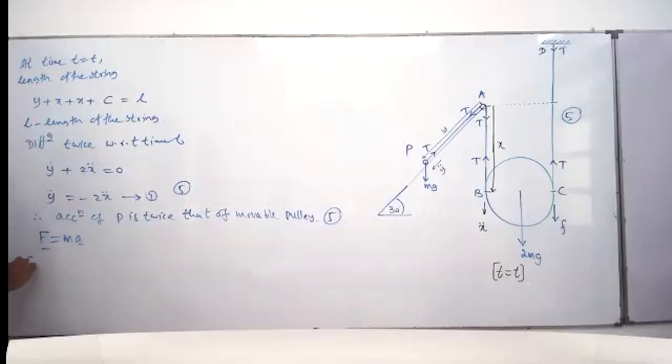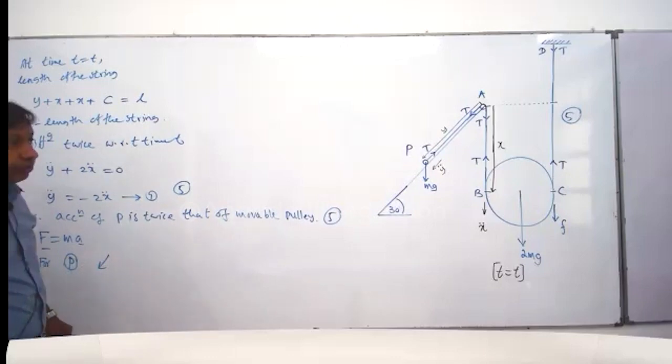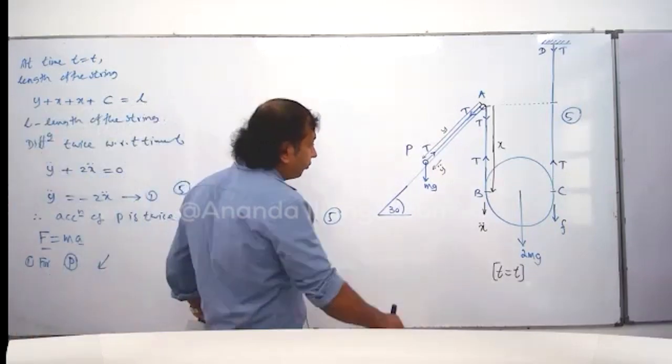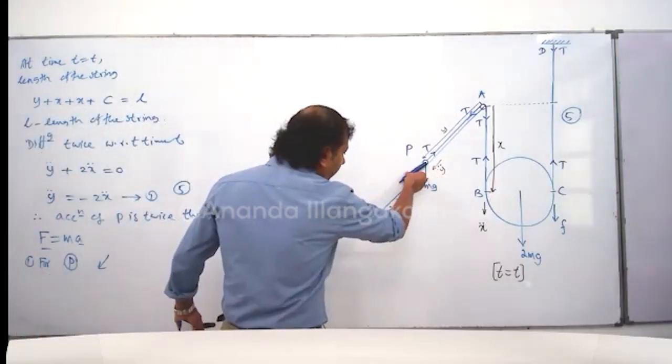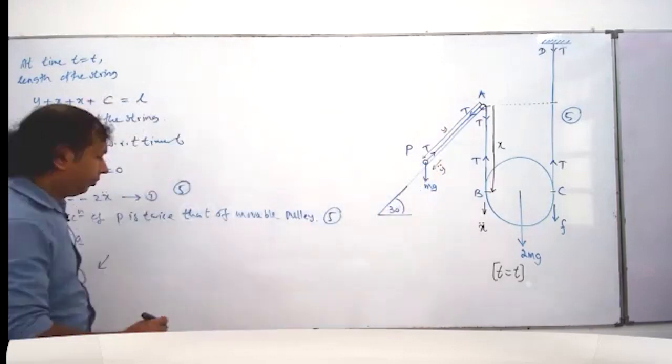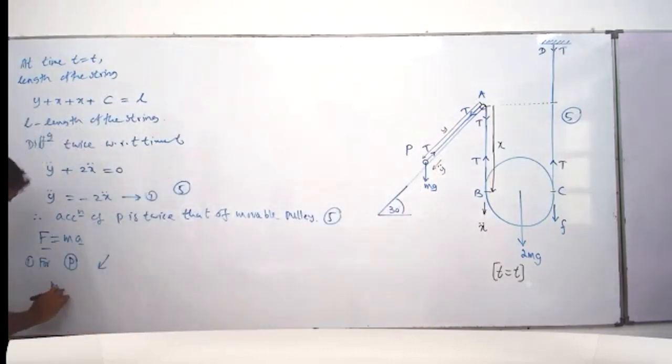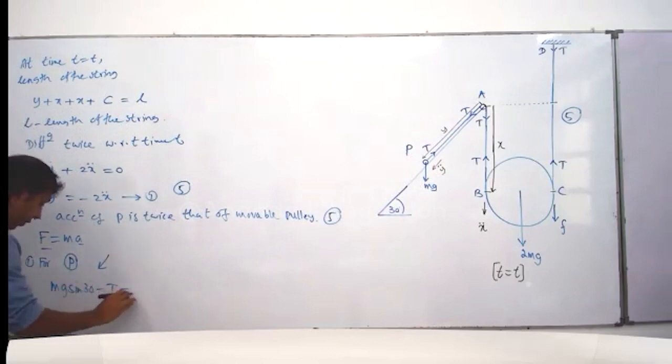Now, F equals ma, we can apply. Number 1 for P. This we apply. What do you get there? mg sin 30 minus T minus T is equal to m y double dot.